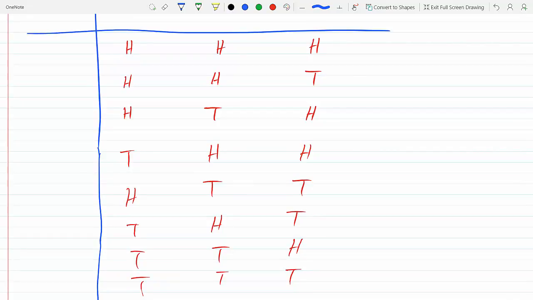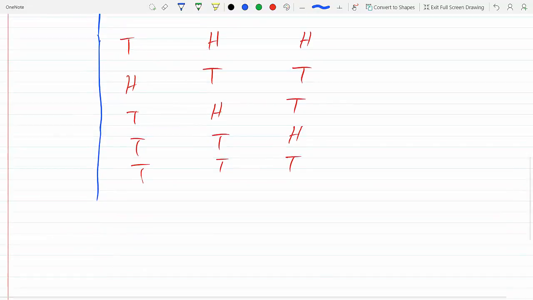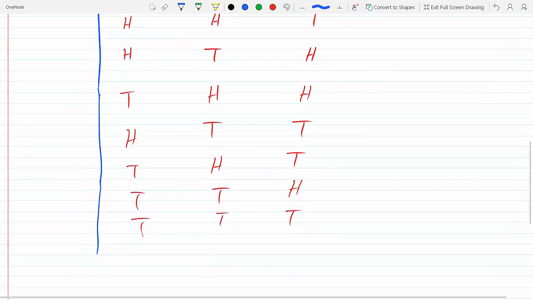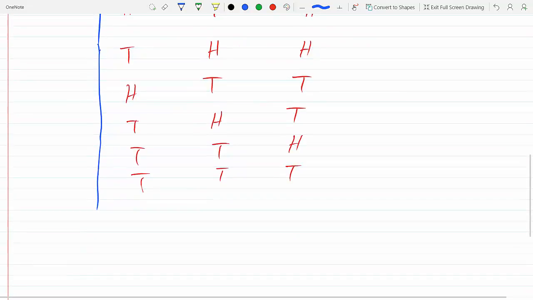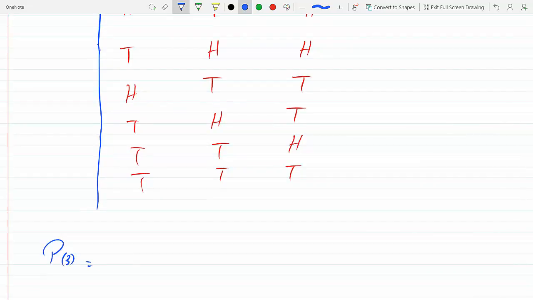Now, there's a total of 8 different ways, right? If you count 1, 2, 3, 4, 5, 6, 7, 8. So there's a total of 8. So now we can ask, what is the probability of getting 3 heads? You could see that the probability of getting 3 heads is 1 out of the total of 8.